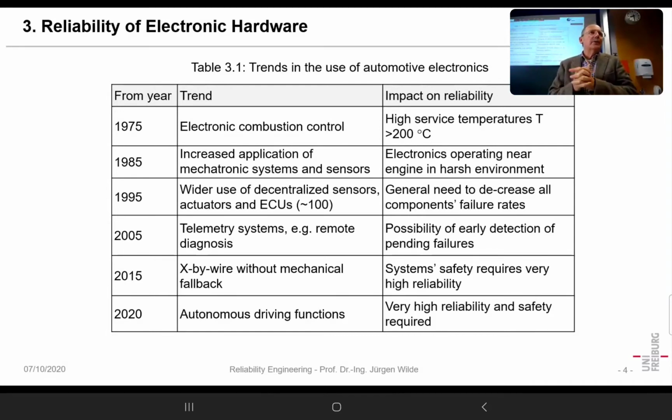So not such a good situation, and in that way, it would require extremely high reliability. Now we are some steps ahead. We are going towards autonomous driving functions, and these also require a very high reliability and safety level of the car.